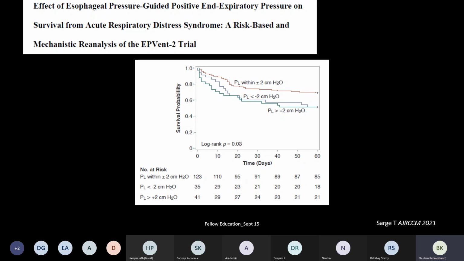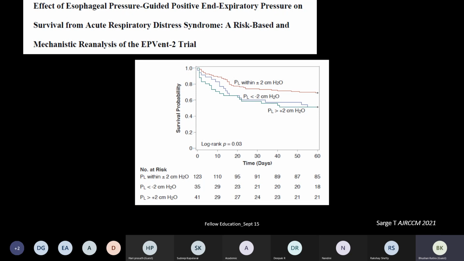This makes sense. Overstretching the lung by using a new technology, thinking, okay, this is going to be helpful, is also not going to make sense. So at least this tells us, and this is also from a lot of experimental data, discussing with some of the key leaders in the field.